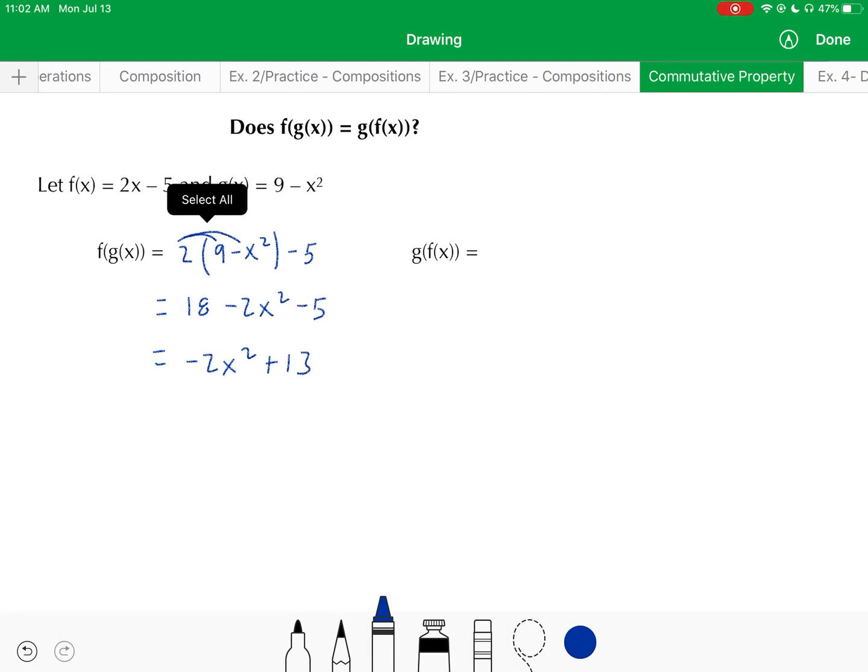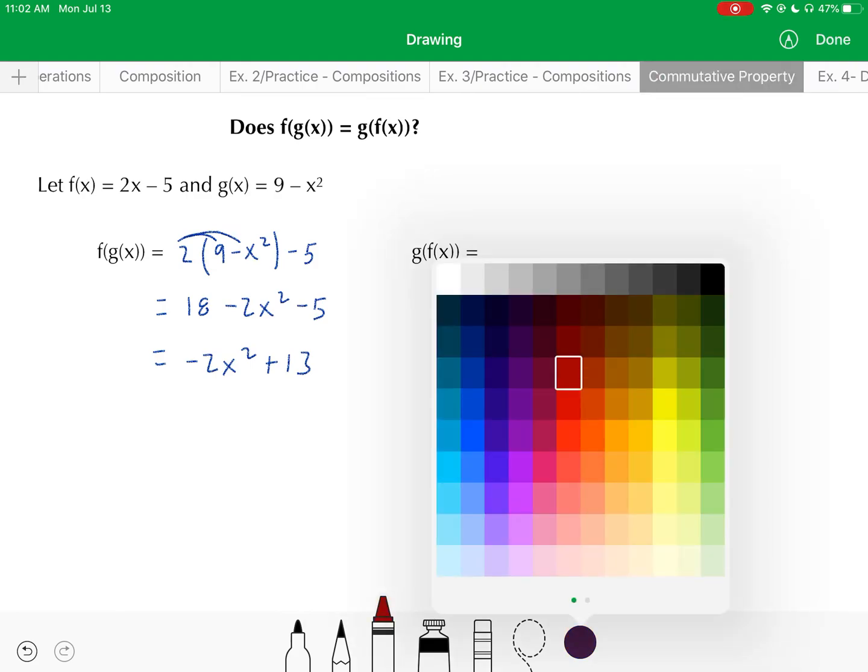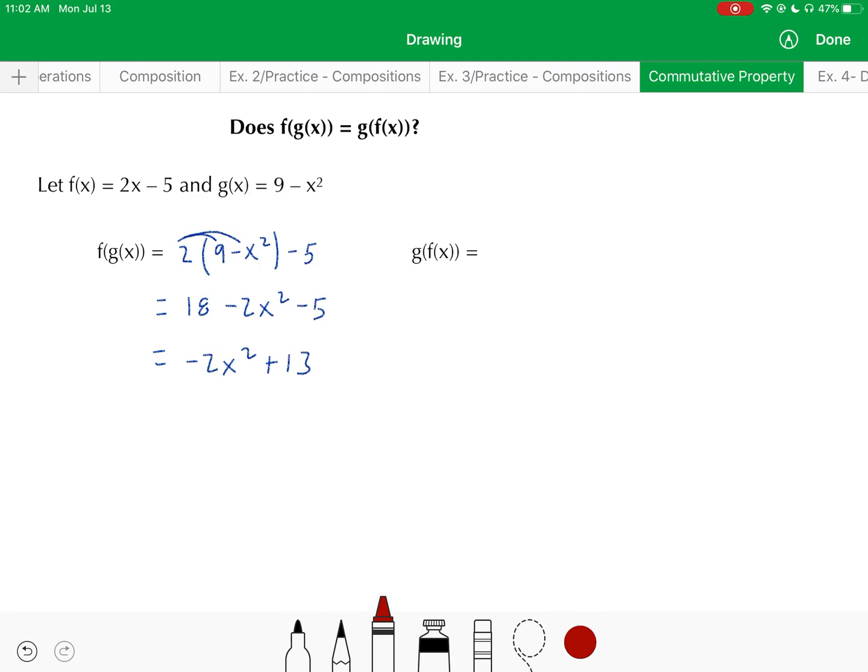Okay. Now let's go in the other direction. g of f of x means take f of x, plug it into g, which would initially set up like this. Now we simplify. I would square the binomial first: 4x squared minus 20x plus 25.